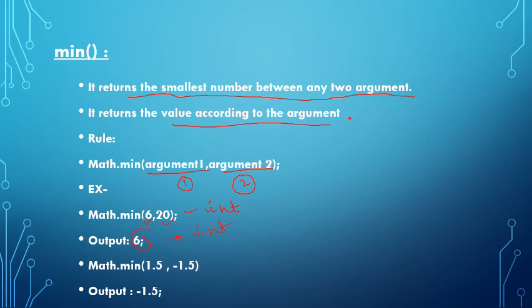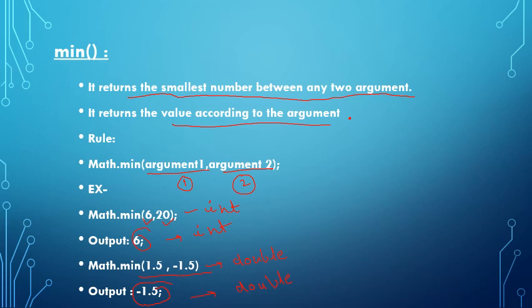Example 2, Math.min of 1.5, minus 1.5. Here you are passing the double data type, so it will also return a double data type. The minimum between 1.5 and minus 1.5 is minus 1.5, so it returns minus 1.5.